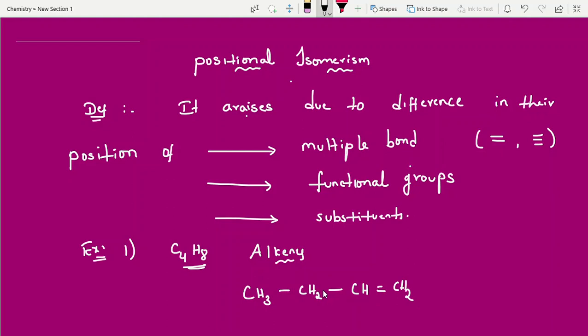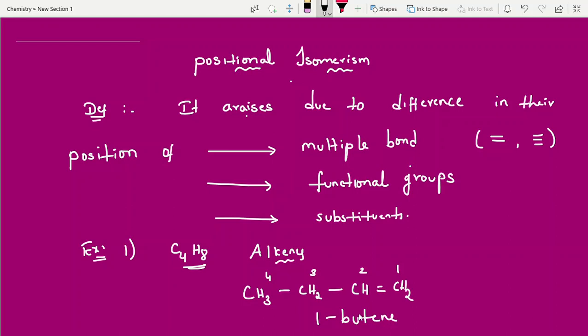In chain isomerism, I took 4 carbons and butane, that is C4H10. But here I gave C4H8. H8 means here 2 hydrogens are less. Now see, 4 carbons and 8 hydrogens. Right? This is what we call 1-butene.